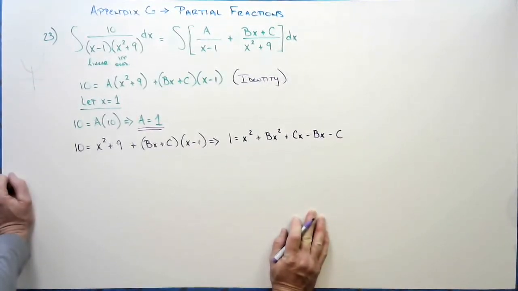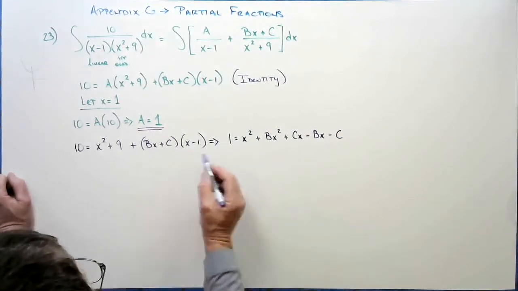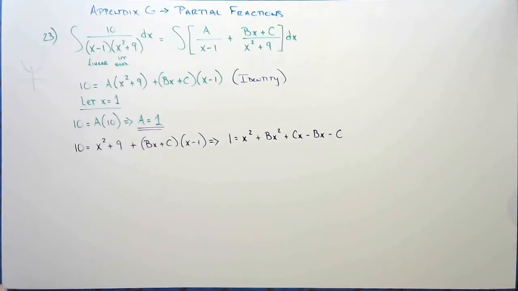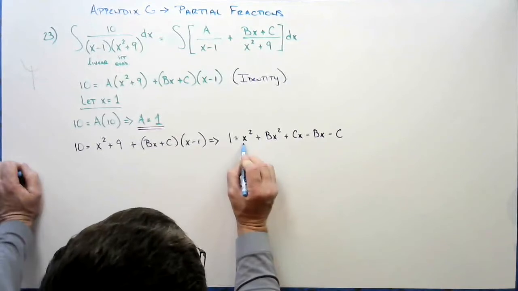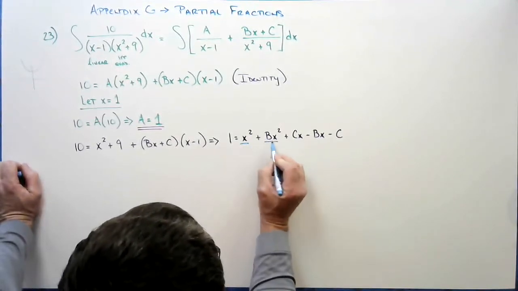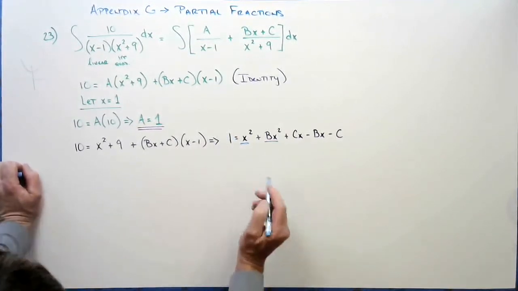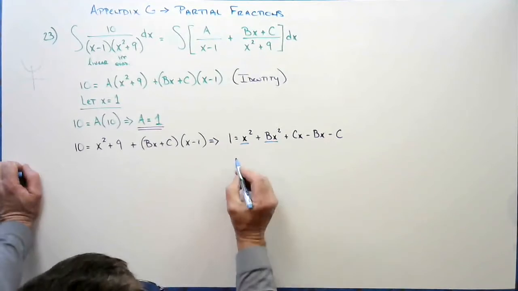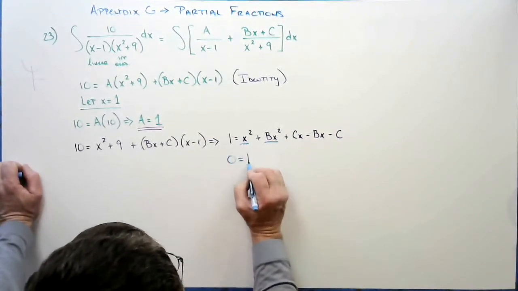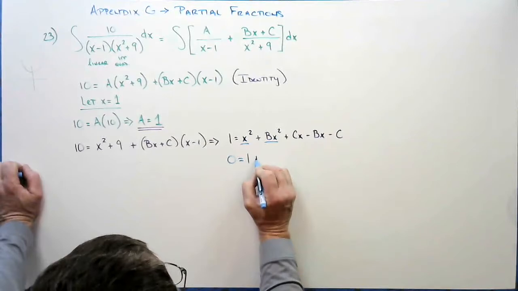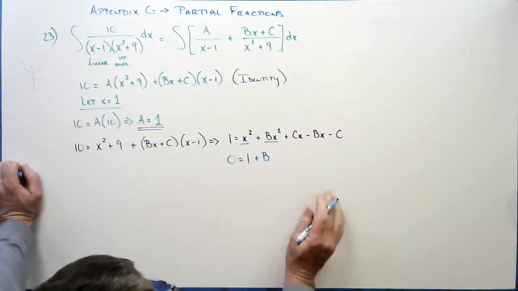Okay. Now we have to solve for B and C. We're going to take a look. We're going to use our sort of pseudo system of equations approach here. We have an x squared here and an x squared here. There are no x squareds on the left-hand side. So we know 0 is equal to 1x squared plus Bx squared.